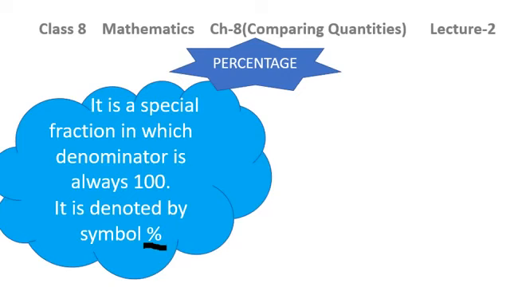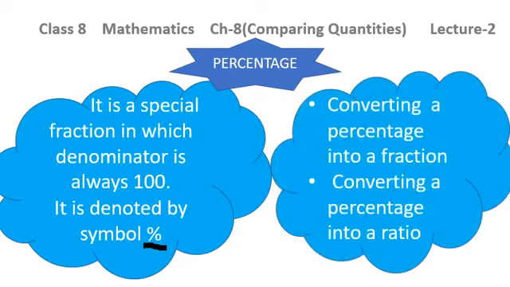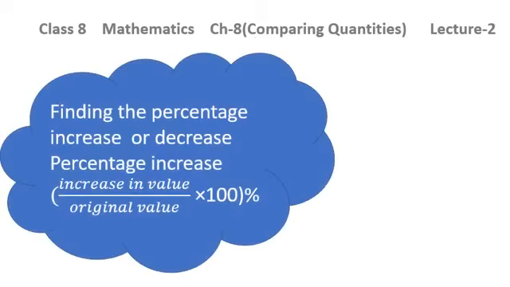Now after this, what have we learned? We have learned how to convert a percentage into a fraction, a percentage into a ratio, and a percentage into a decimal, and vice versa. Then we studied percentage increase or decrease. I told you one formula for this.